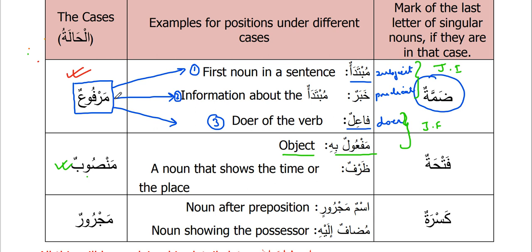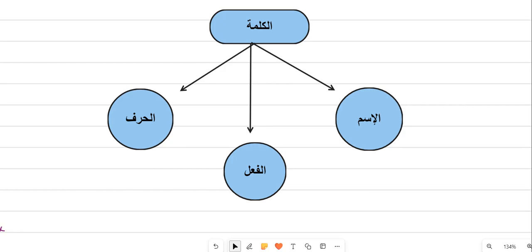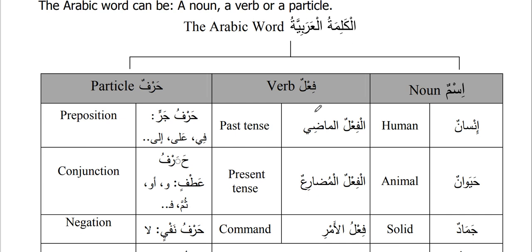So now, before I start with the eraab, what is Marfu case? Just a quick revision on an Arabic kalima, or an Arabic word. It's divided into ism, fi'l, and harf. I have explained this in my previous lessons. So we can have a quick look at the table. Here, the Arabic kalima, we have ism, the verb that is fi'l, and the particle that is harf.